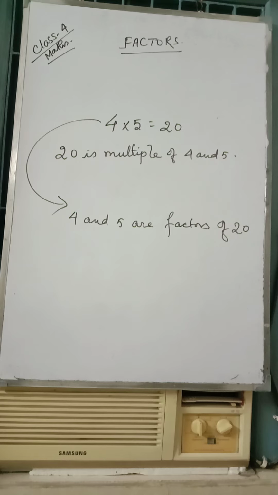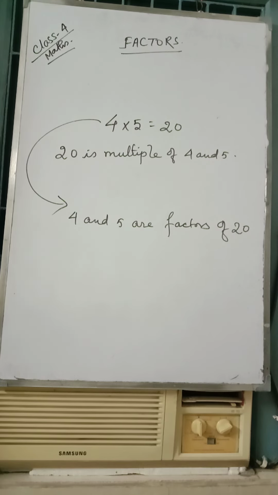Property 3, 1 is the smallest factor of any number. Property 4, the number itself is the greatest factor of every number. Property 5, factors of a number are always smaller than or equal to the number. Property 6, every factor of a number is an exact divisor of the number. So these are 6 properties related to factors.